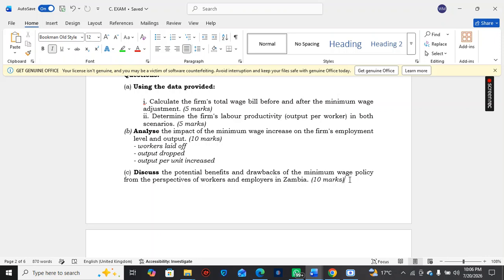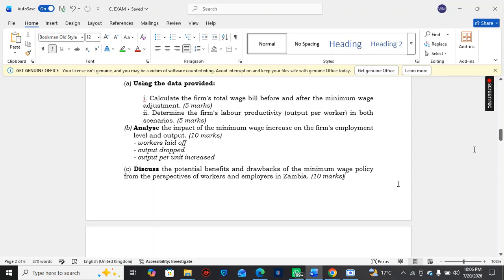Another disadvantage is the workload for the remaining seven workers. When there were 10, probably work was seamless and easier. Now there are seven, it means the workload might increase for them. So that's a disadvantage to the seven workers that remained. You're getting paid a higher amount, but your workload has now increased.